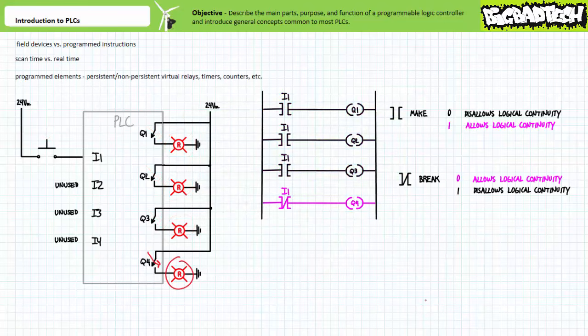In addition to the reprogrammable and field versus logical nature of PLCs, fundamental implementation differences exist between PLC programs and hardwired relay-based ladder logic. Hardwired relay-based ladder logic is implemented in real time, where real time is simultaneous or concurrent, whereas PLC programs are ordinarily implemented by the CPU using scan time.